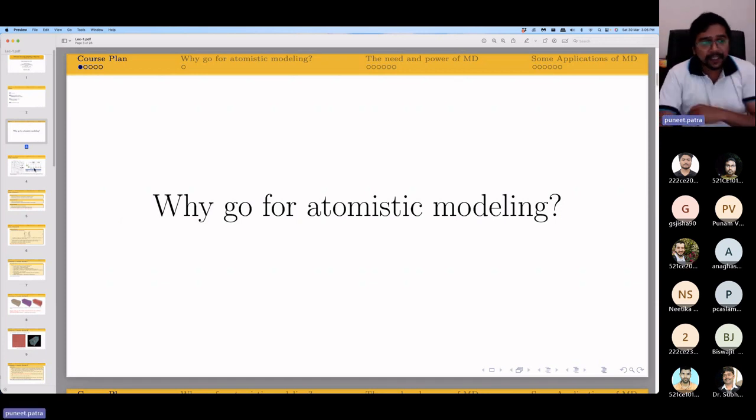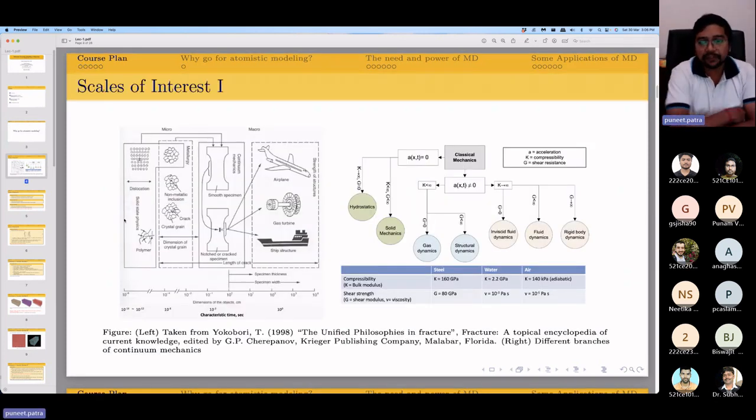So, as civil engineers, we typically deal with very, very large scale systems. On the figure on the left hand side, you have an aeroplane, a gas turbine, and ship structures, and likewise, especially when it comes to our civil engineering structures such as bridges or buildings, they typically form what are known as macroscopic structures.